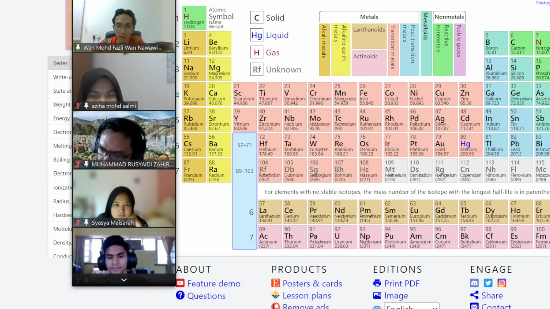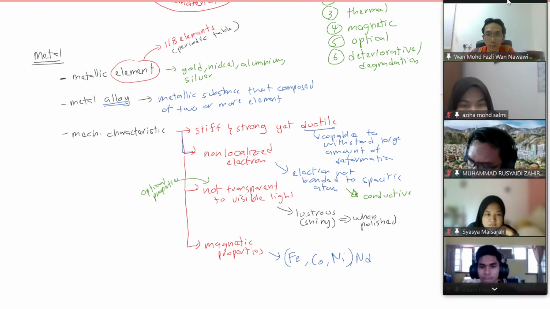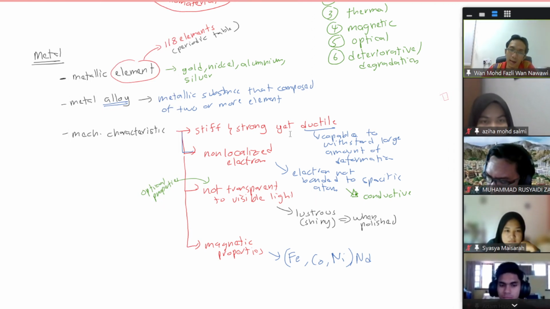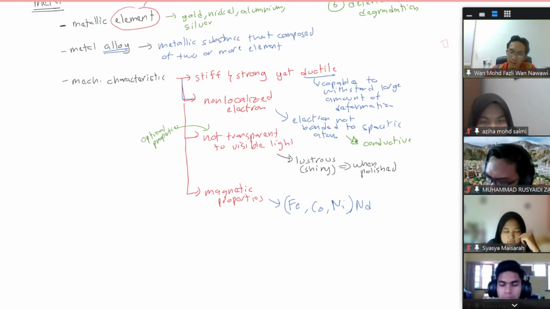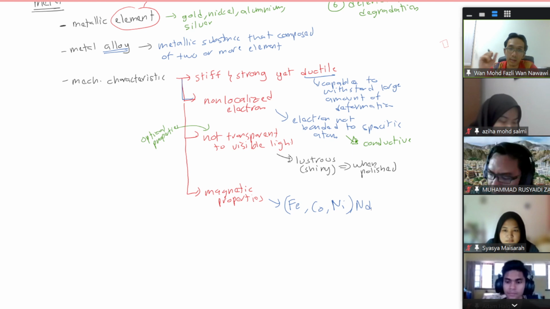Let me open this again. So that's about metal and the properties of metal. One more thing before we go to the next topic. Let's talk about the metal atom itself.